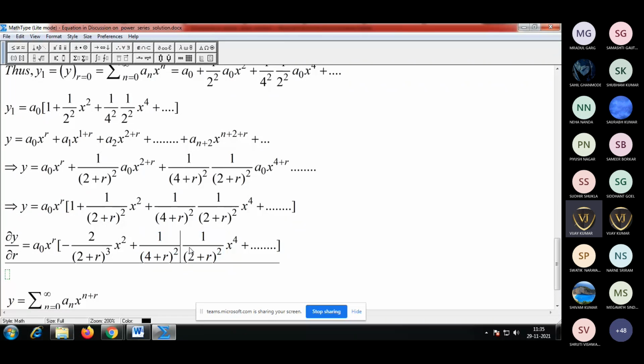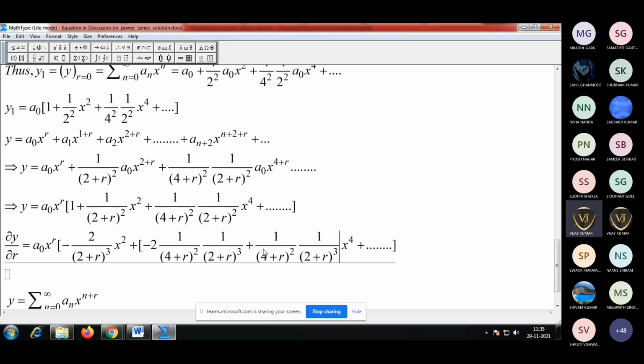So first function derivative of second function, it means minus 2 and power 3, plus next term is this one, so plus this one, and here minus 2, here 3, then it is already 2.